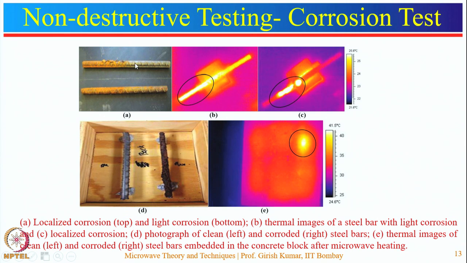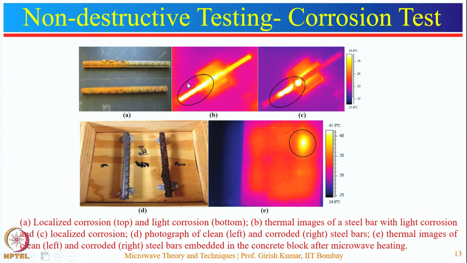In the other steel bar, it is non-uniformly corroded in some of the area and the corrosion is more in this area. When this is exposed to a microwave oven at 2.45 gigahertz for 10 seconds and the thermal image profile is taken by a thermal camera, then these types of images are created.